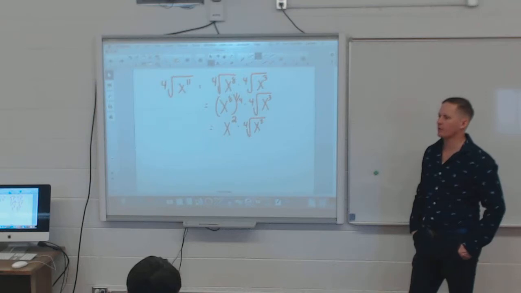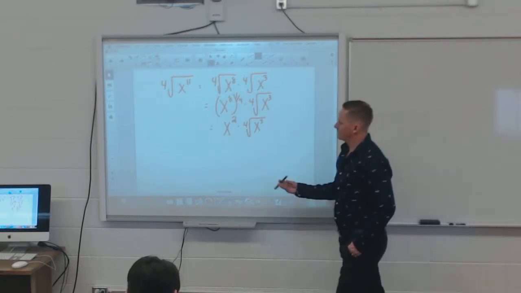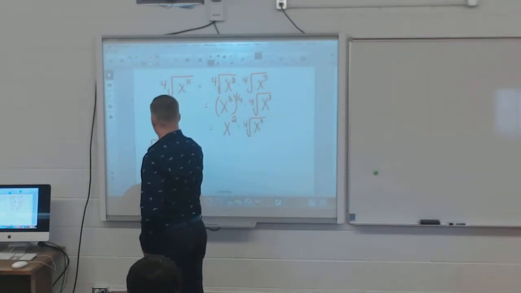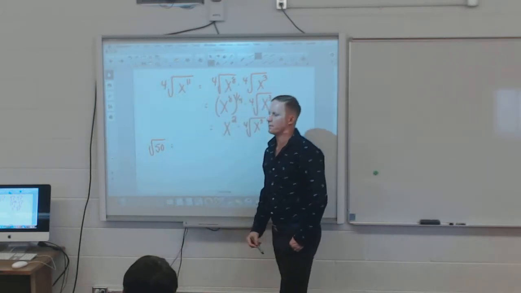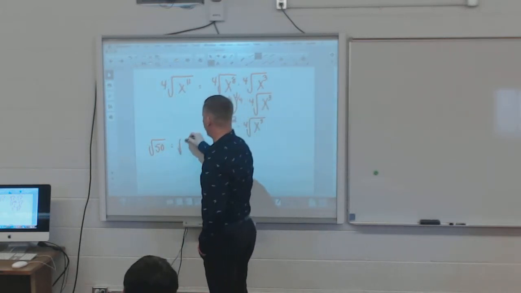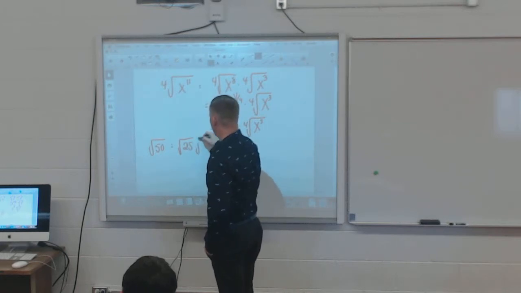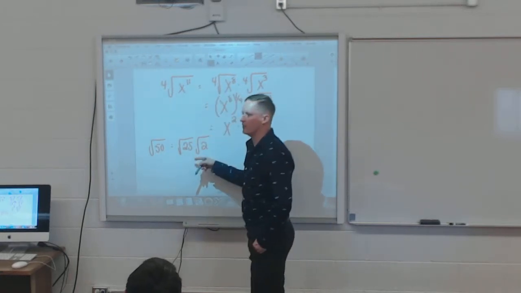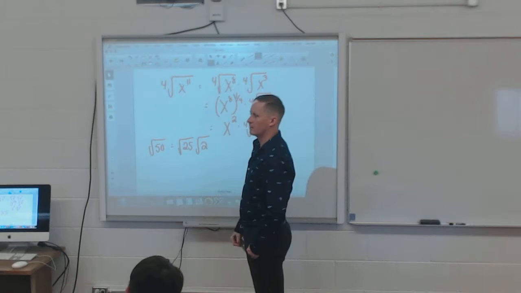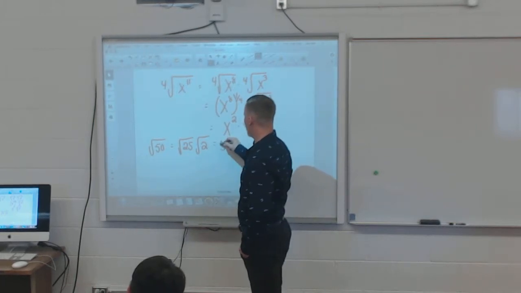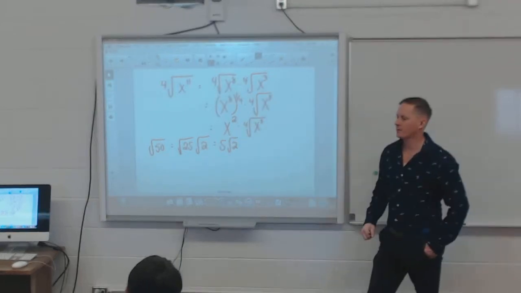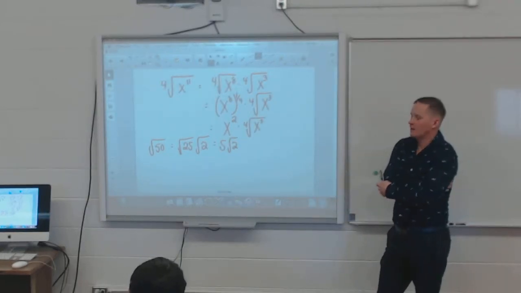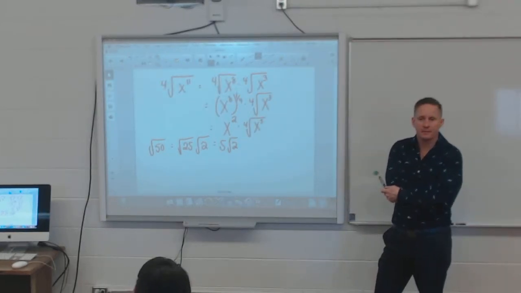So that's always what's left over. So it's like this, okay? Square root 50. I need the largest perfect square that goes into it. That's 25. I can't take anything out of 2, it's gotta just stay as 2. Right? So this would be 5 root 2. So it's the same thing. Okay? All right, any questions about that?